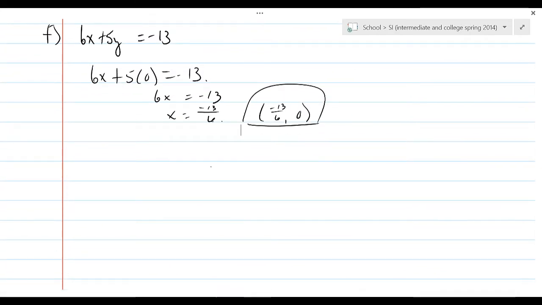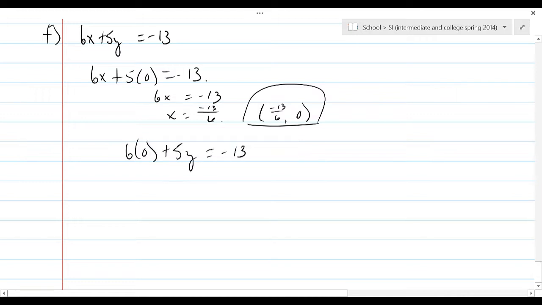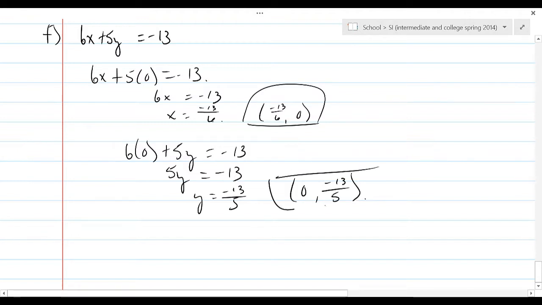Now let's do the y-intercept, which is 6 times 0 plus 5y equals negative 13, or 5y equals negative 13, or y equals negative 13 over 5, which puts us at 0, negative 13 over 5. Good. Okay, that finishes number 2.